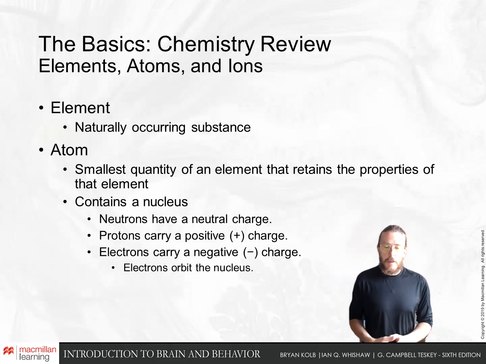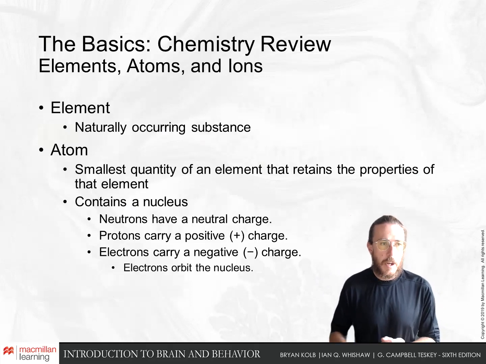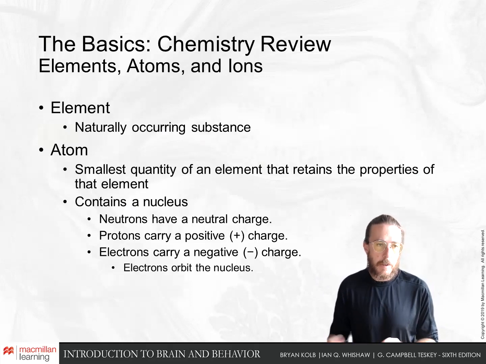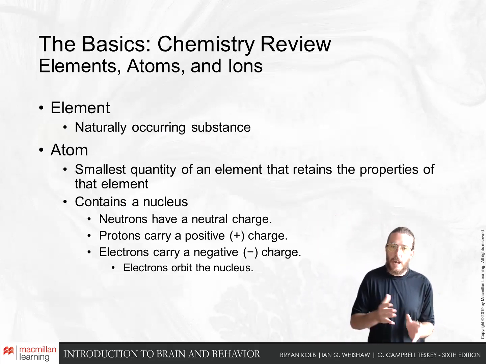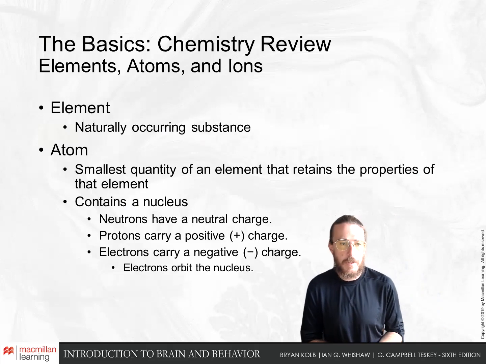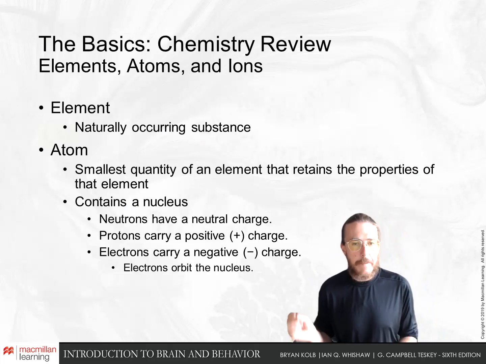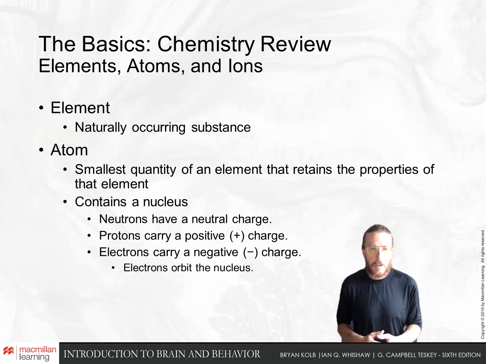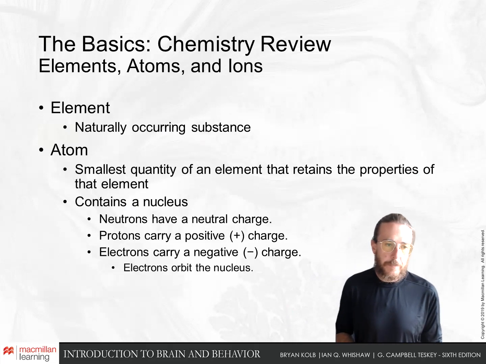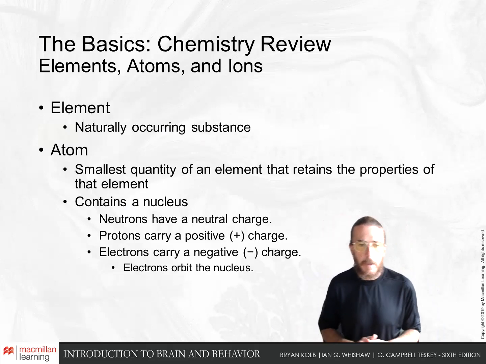So just to give us a brief overview of chemistry, myself included, an element, or what we see in these chemistry charts, is any of these naturally occurring substances that can't be further divided into other substances. And an atom is the smallest quantity of one of those elements that keeps its properties. Each of those atoms contains a nucleus, and in the nucleus are neutrons and protons, neutrons having a neutral charge and protons having a positive charge.